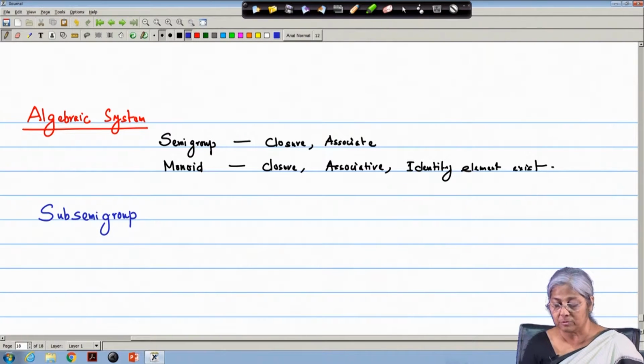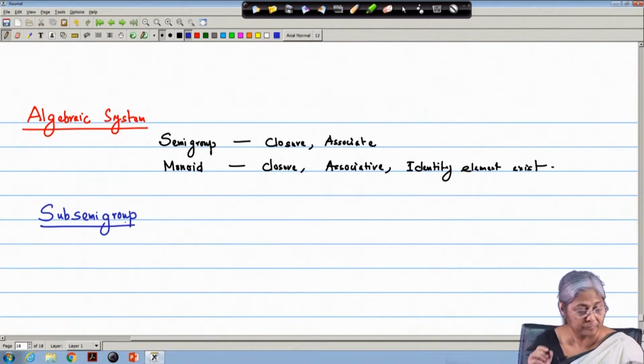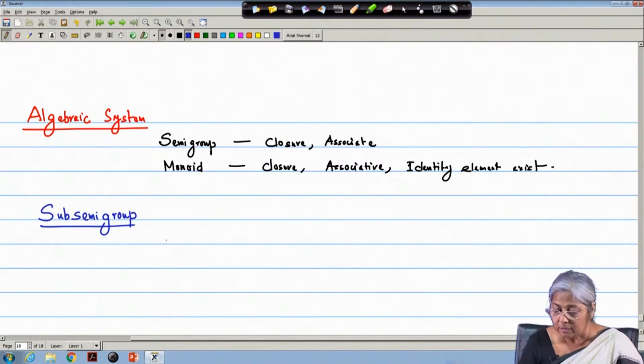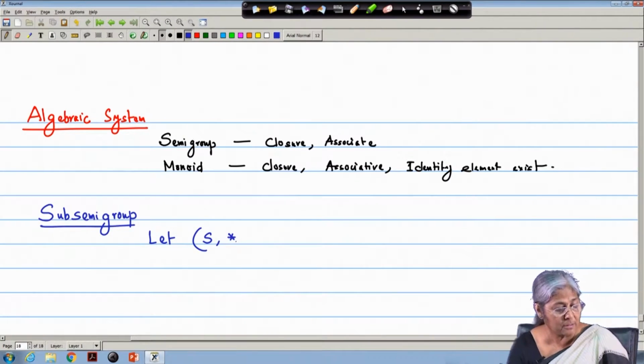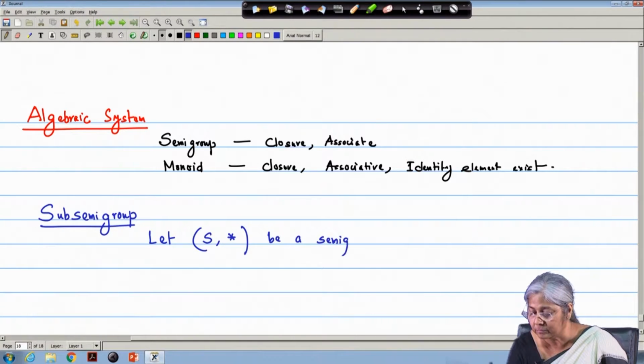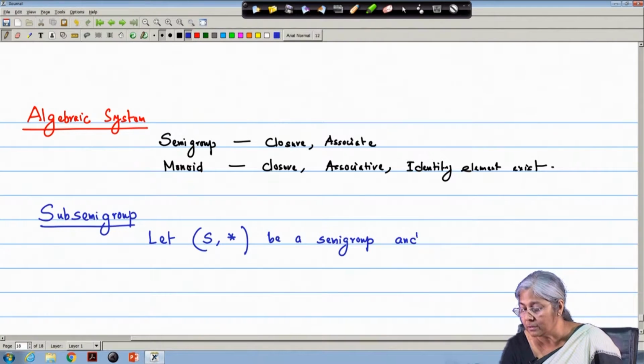First we define a sub semigroup. Let S be the non-empty set and star the operation, so (S, star) is a semigroup, and T is a subset of S.